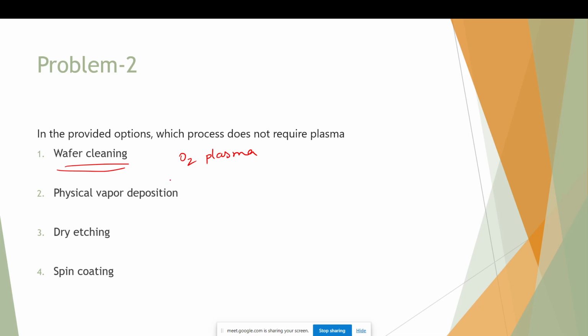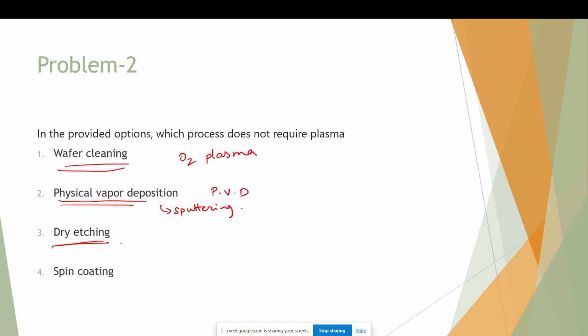Physical vapor deposition requires plasma. In most PVD equipment, we'll have plasma. It depends on which type of physical vapor deposition you are talking about, but generally sputtering and everything will have plasma.